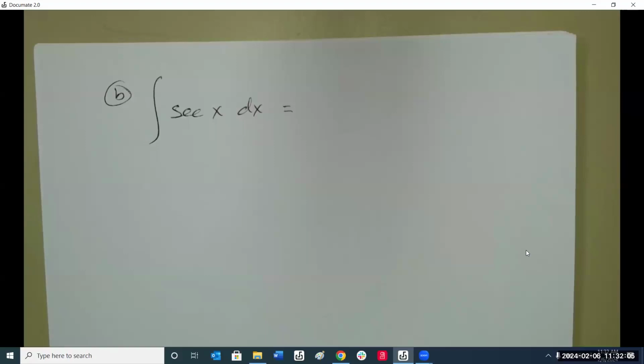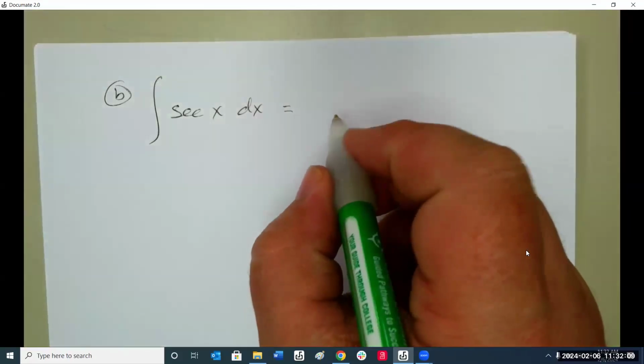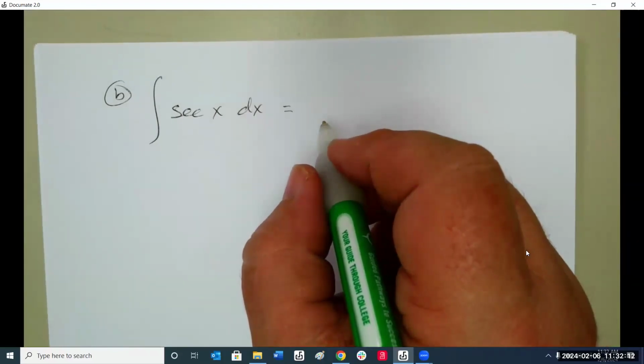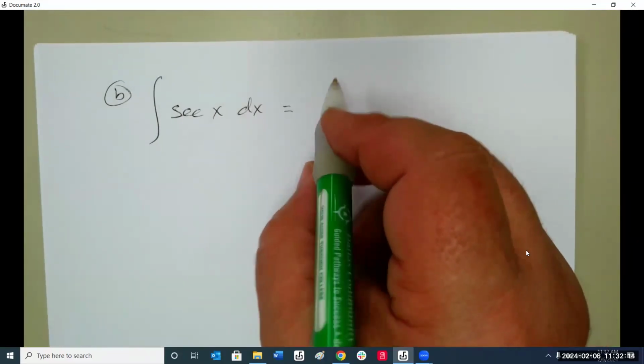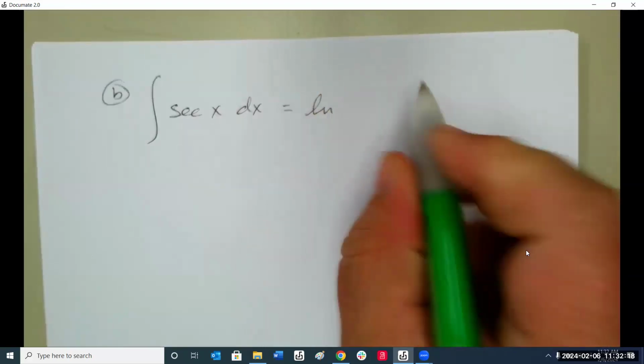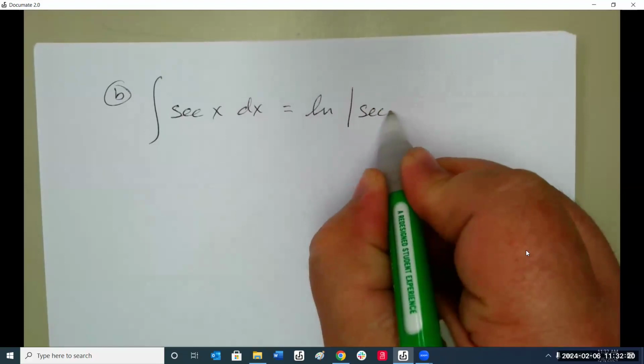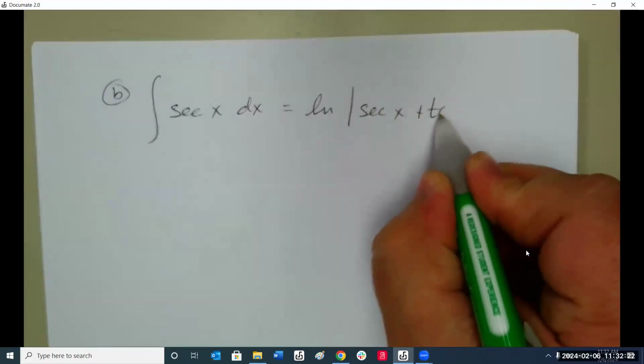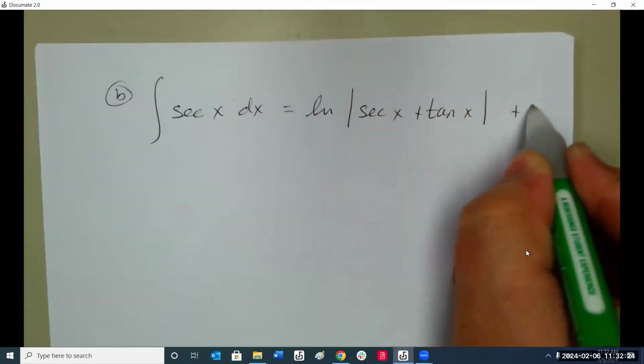What's the integral of secant? The integral of secant of x dx is equal to the natural log of the absolute value of secant of x plus tan of x, plus c.